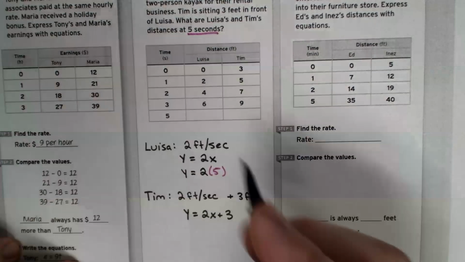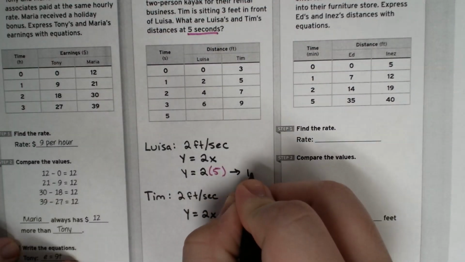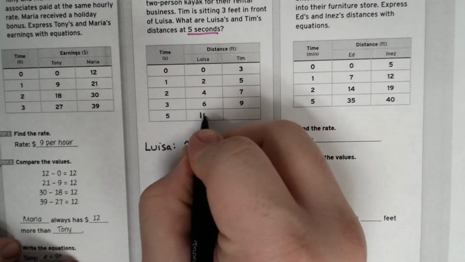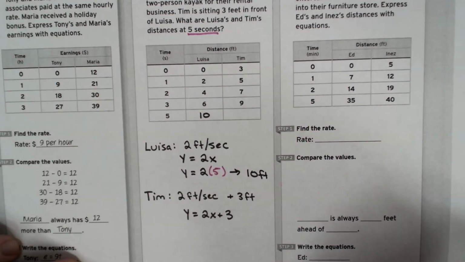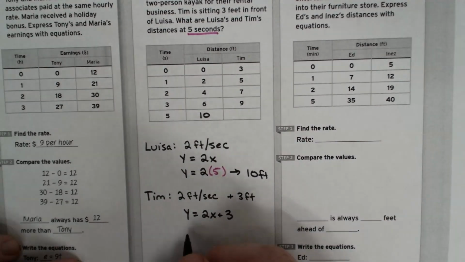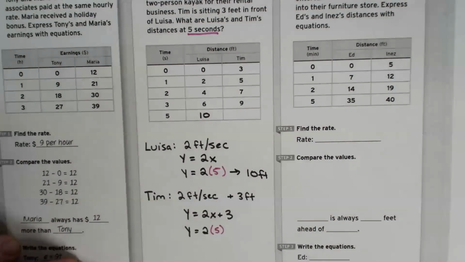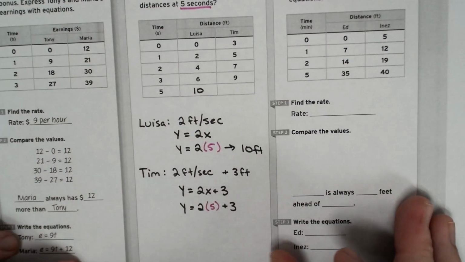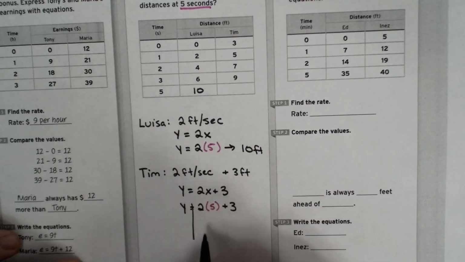What's 2 times 5? So Louisa is 10 feet from where she started. Do the same thing for Tim and say 2 times 5 plus 3. Careful in your order of operations here.